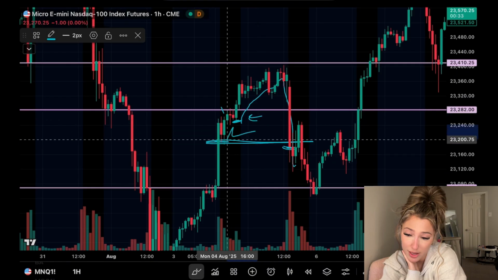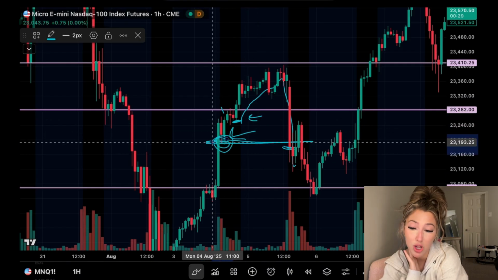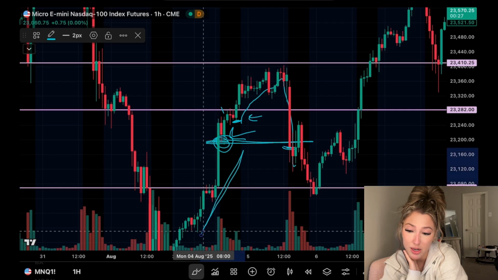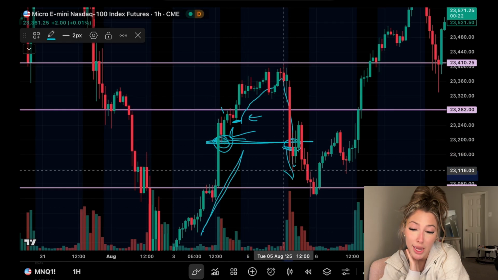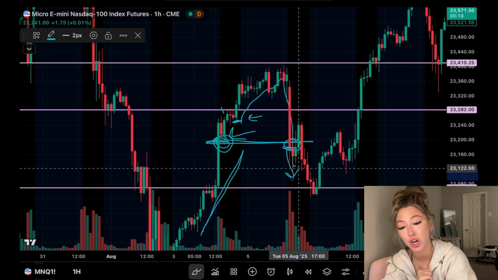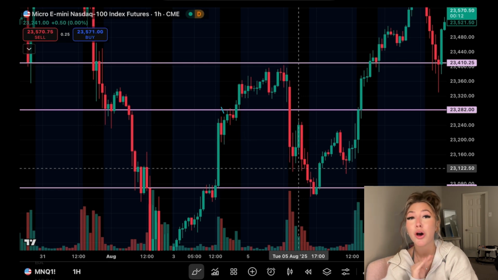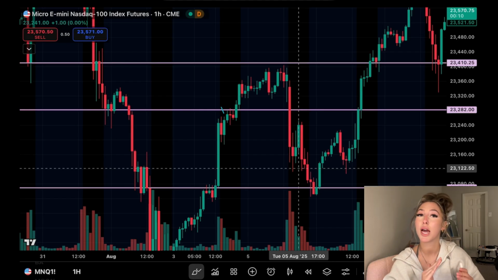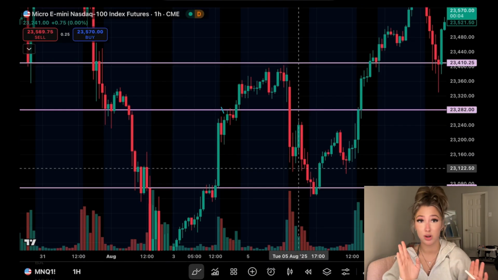Because what is this? If we close under this higher low made in this uptrend, we are going to continue downward for half a second, okay? That's break of structure. Break of structure is a candle closing in an uptrend below a higher low. So now a lower low was made in this uptrend, which means it's not an uptrend anymore.